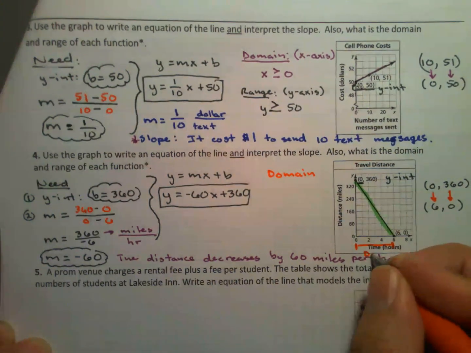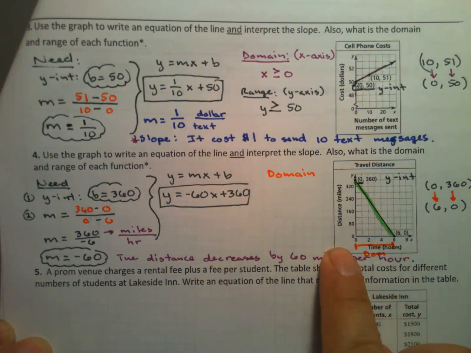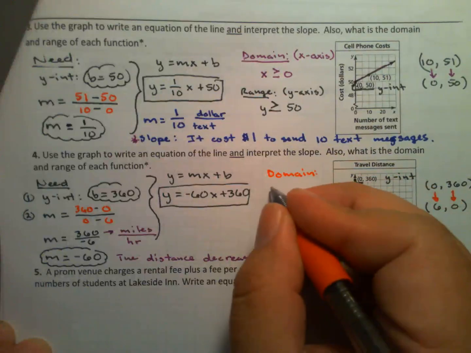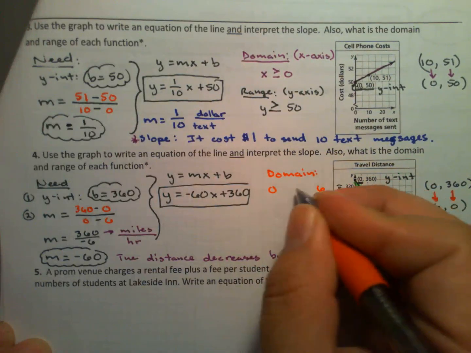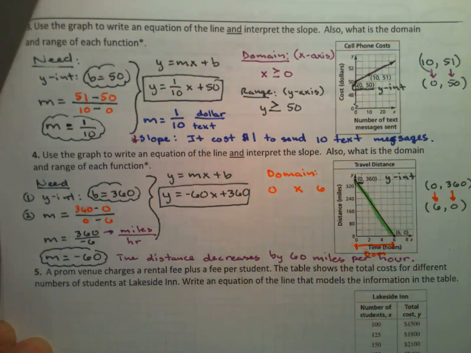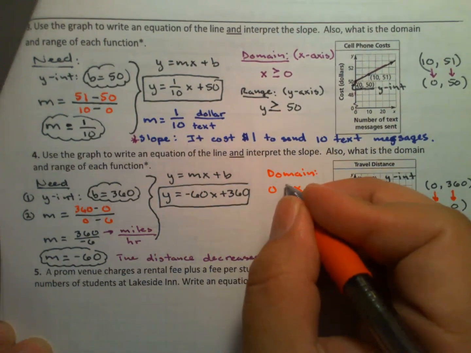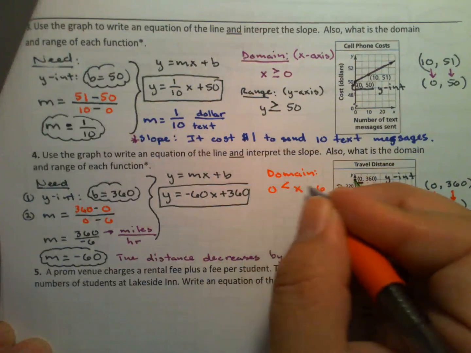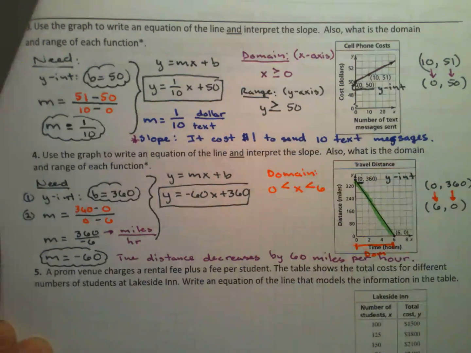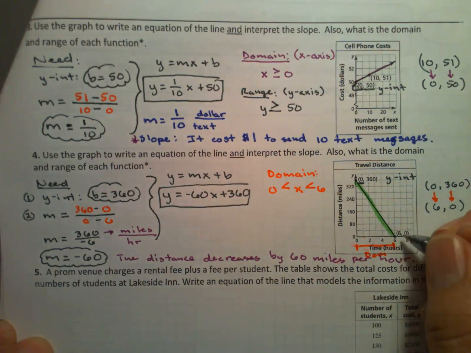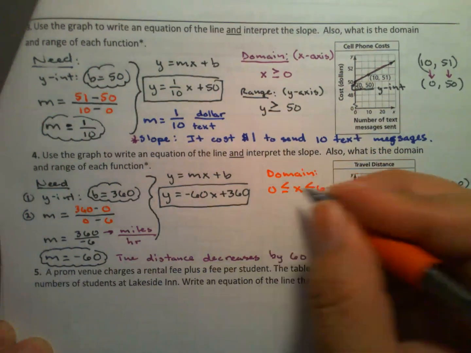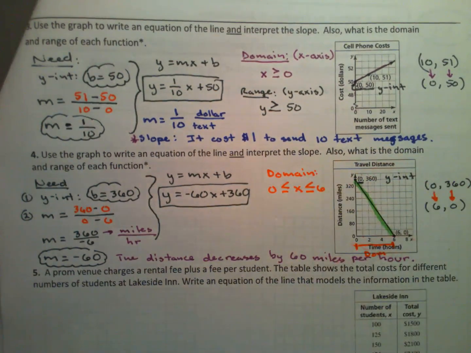That right there is my domain. I am only allowed to work between 0 and 6. So if that's the case, we're talking about x's, so I have to write the letter x. And because I'm only between these two numbers, then I'm greater than 0, but I'm less than 6. And because they're making contact there, we get an equal sign going.